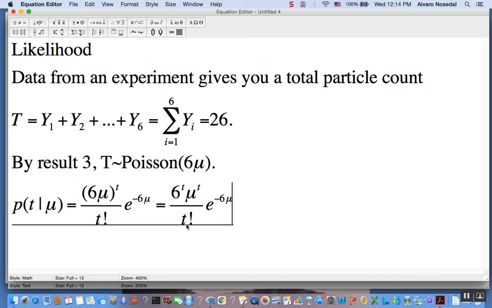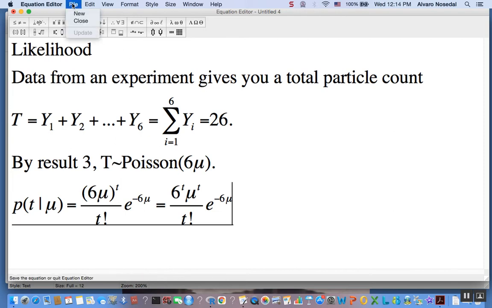T factorial is also a constant. So the likelihood is proportional to, if we ignore those constants, mu to the power of t times e to the negative 6 times mu. Make sense? So we have our likelihood. We also have our prior. So now we're ready to find our posterior.